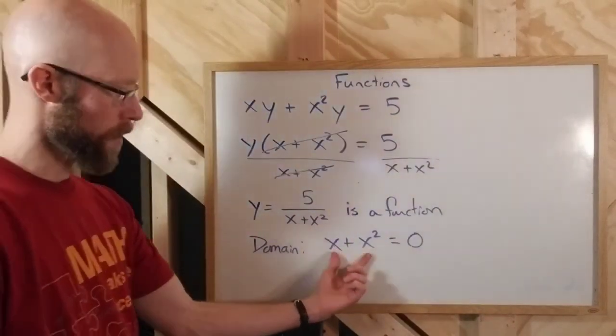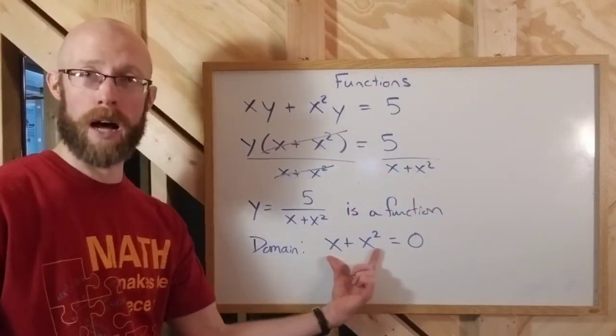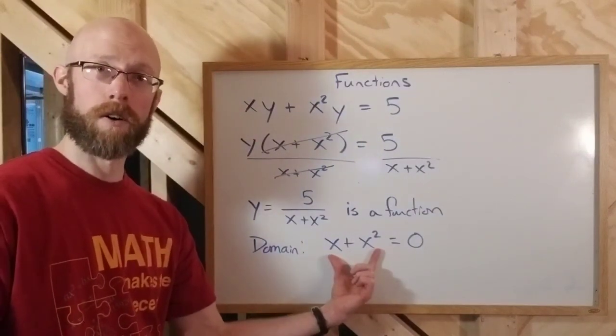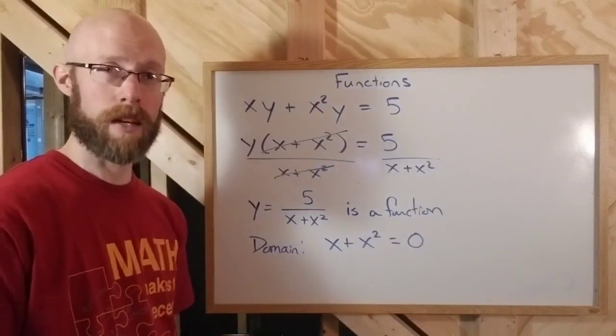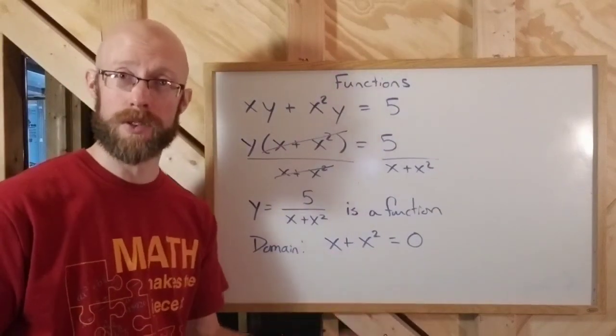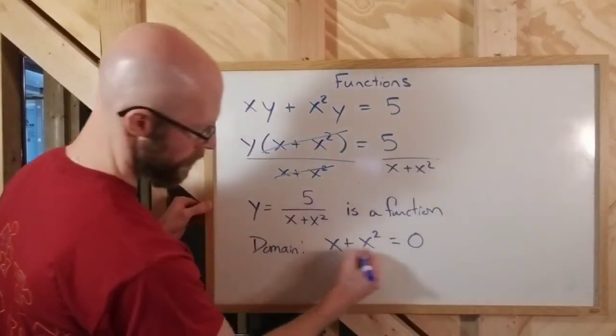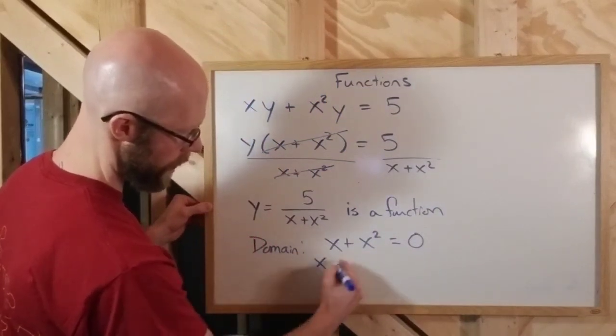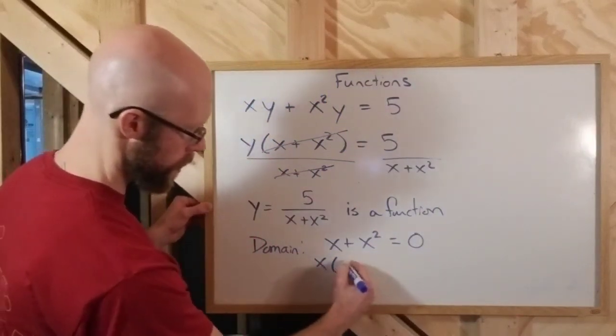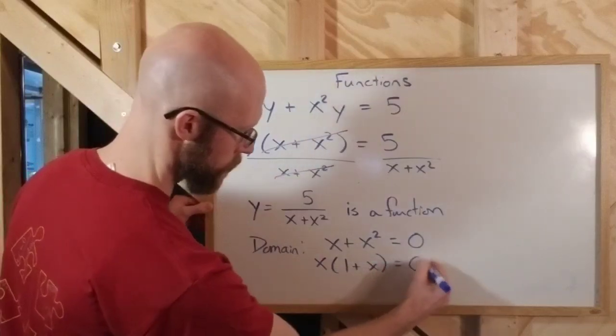So here, how would I solve this? Well, it's a polynomial equation. Hopefully you've seen the technique of factoring to solve. If I factor this, they have a common factor of x. If I pull out an x, I get 1 plus x left over, right?